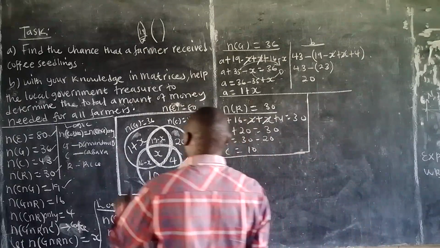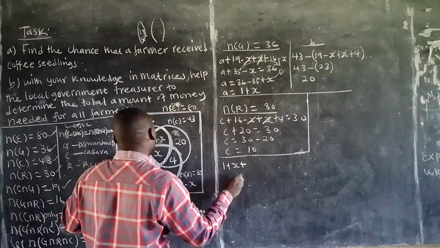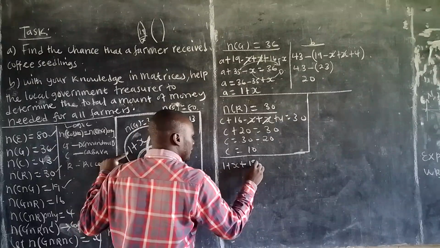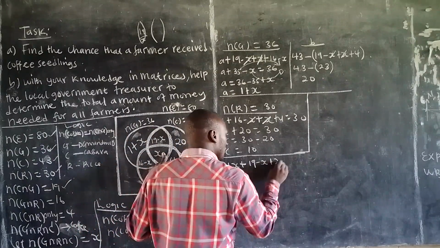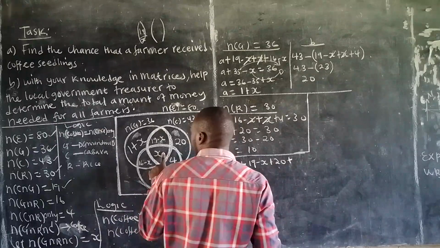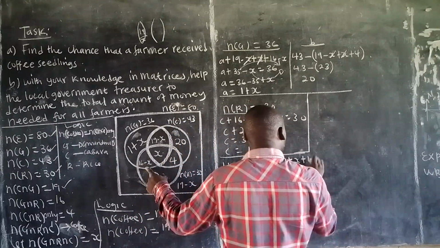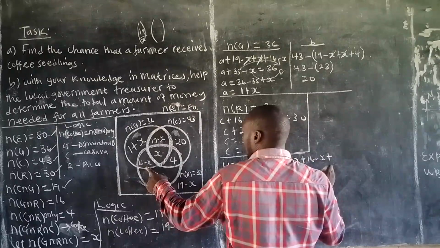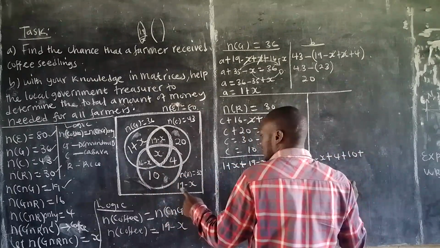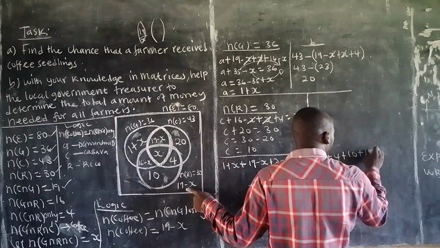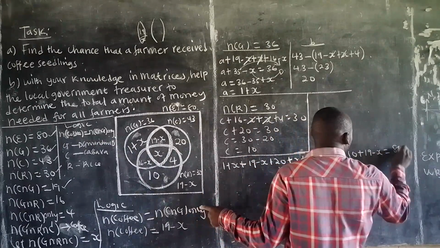So I'll start from here: 1 plus X, plus 19 minus X, plus 20 plus X, plus 16 minus X, plus 4 plus 10, plus this one outside. Most students always forget this one. 19 minus X is equal to 80.